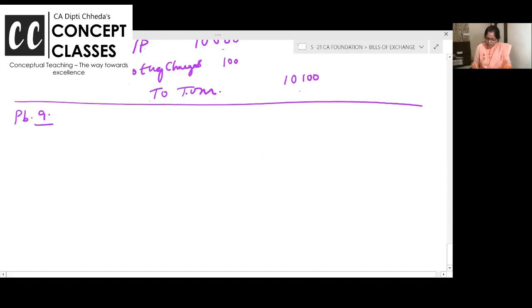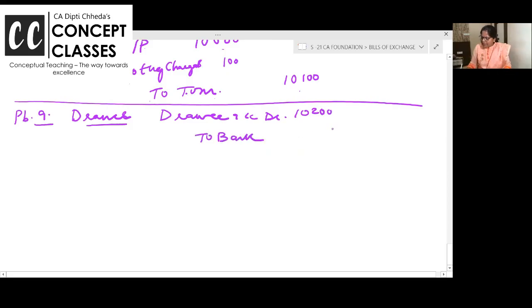What will be the entries in the books of drawer? What will the drawer do? He will take money from the drawee. Drawee's account debit 10,200 to bank 10,200. I have to pay the money to bank 10,200, and 200 is not my mistake.